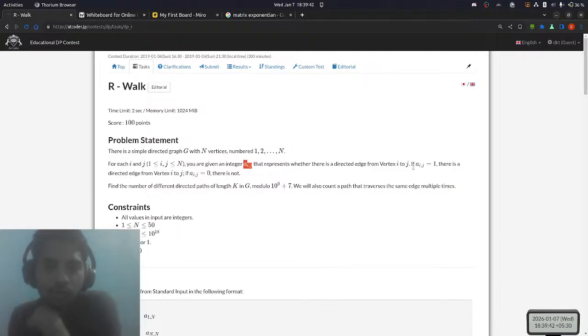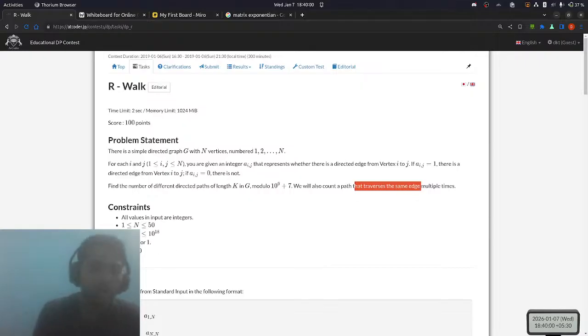If it is 1, there is a connection, and 0 means not. We need to find the number of directed paths of length k in the graph modulo this. The same vertex can be traversed multiple times. Constraints are given for n and k.